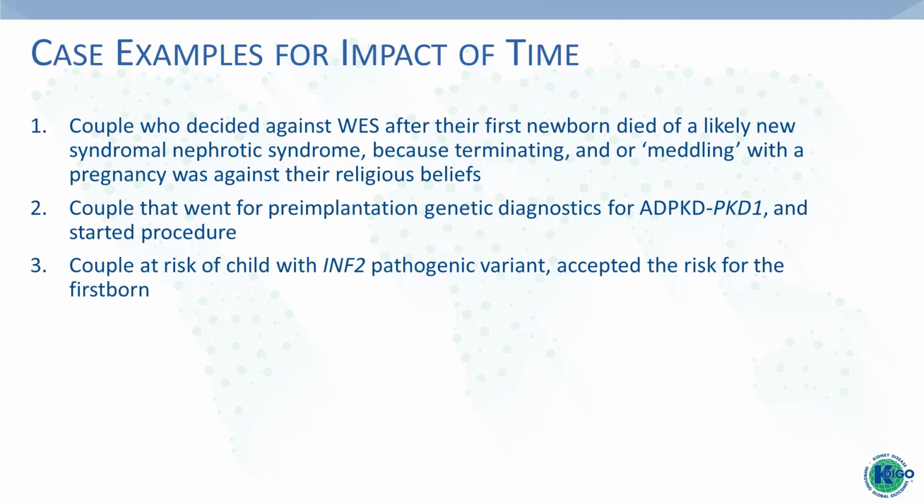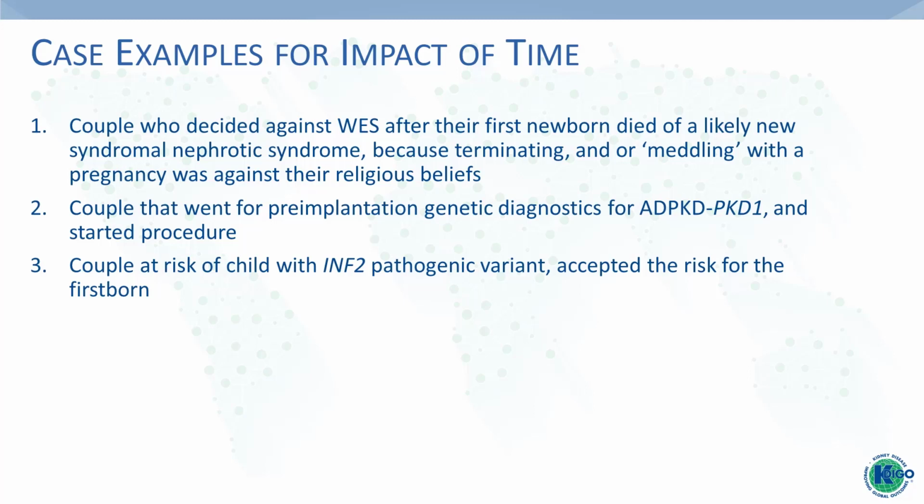Another couple came to us in, I would say, the second stage of genetic counseling. They were counseled elsewhere earlier, and for ADPKD, PKD1, went into a pre-implantation genetic diagnostic trajectory, and it didn't work within the allowed number of cycles, because you're allowed three cycles of PGT in the Netherlands.